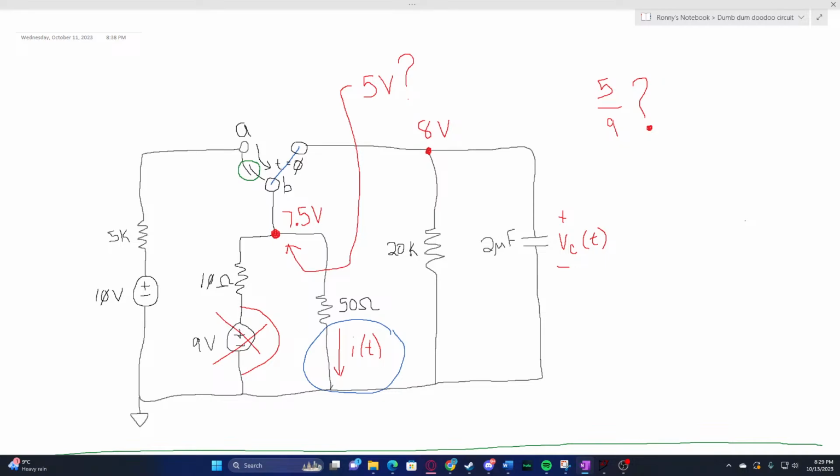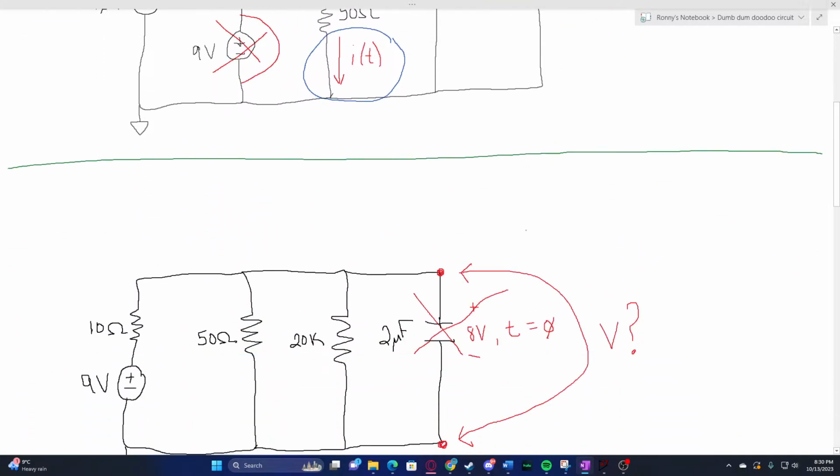What is 4K in parallel with the 50 ohms? It's not much different than the original 49.88 something. It's now 49.38. Yeah, that does not put us anywhere near 5 volts. So that's interesting, right?